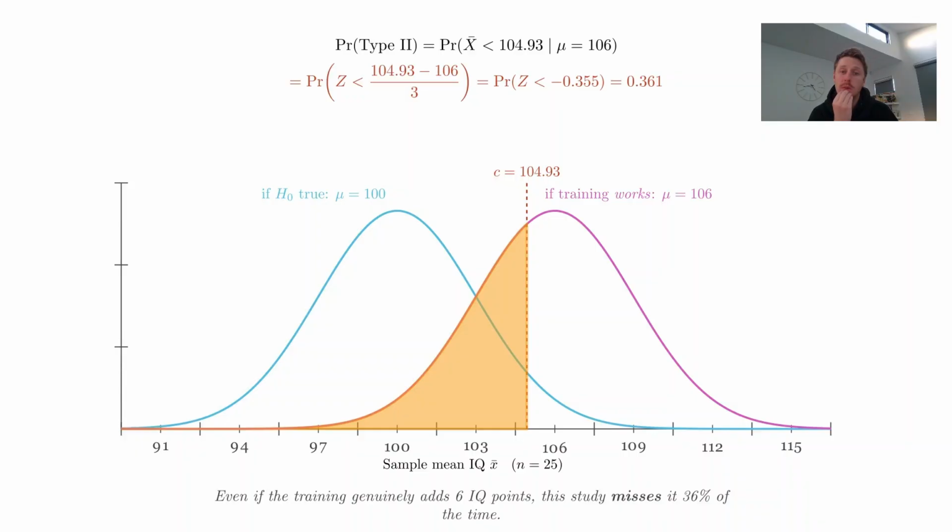You standardize it, and you get a z-score of negative 0.0355, which corresponds to approximately 0.361. So the probability of making a type 2 error is 36%. Even if the training genuinely adds 6 IQ points, this study with 25 participants misses it 36% of the time.